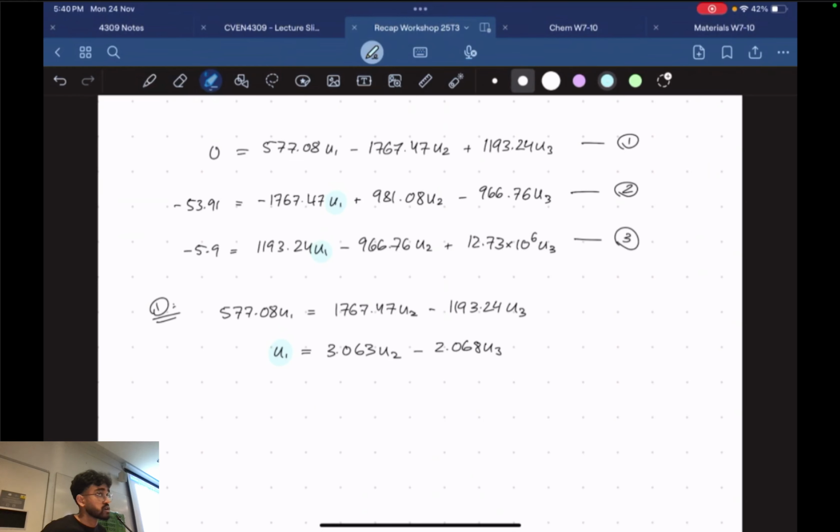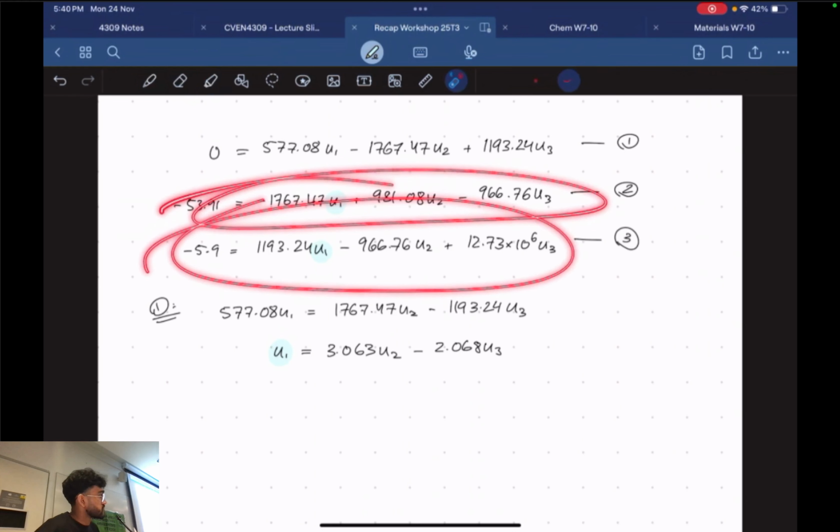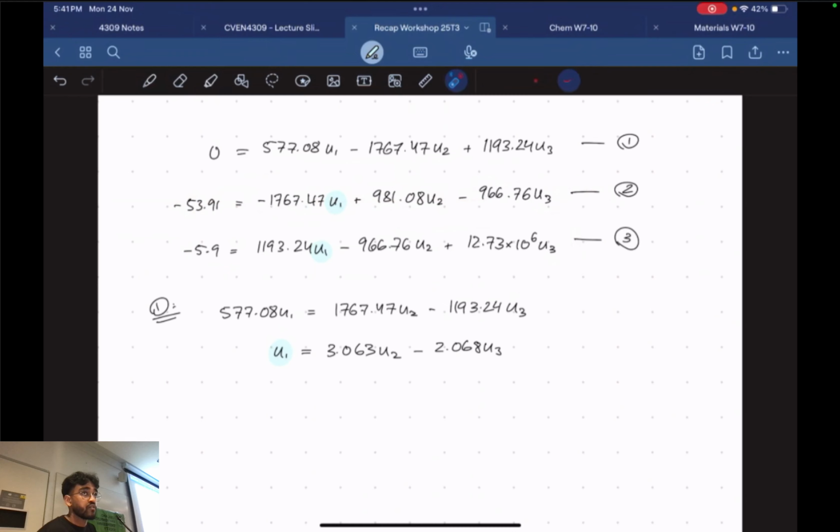What I'm going to do with that is sub this value into my equations number 2 and 3. What will happen is I get two equations in terms of U2 and U3, and I'm going to solve those simultaneously, find U2, U3, and sub back into my first equation to find U1.